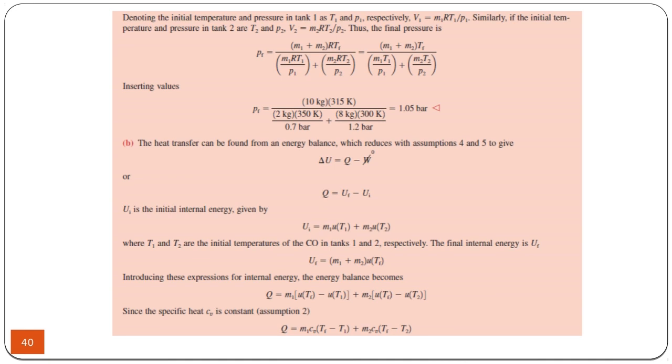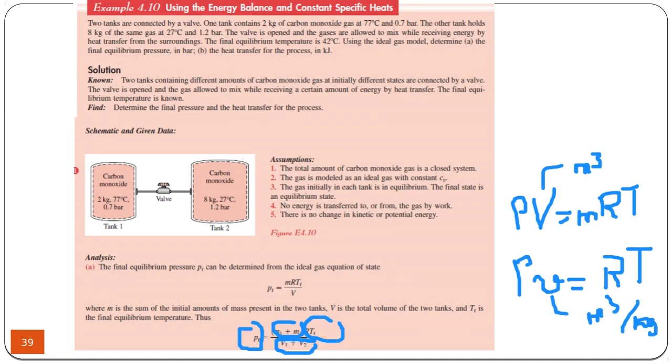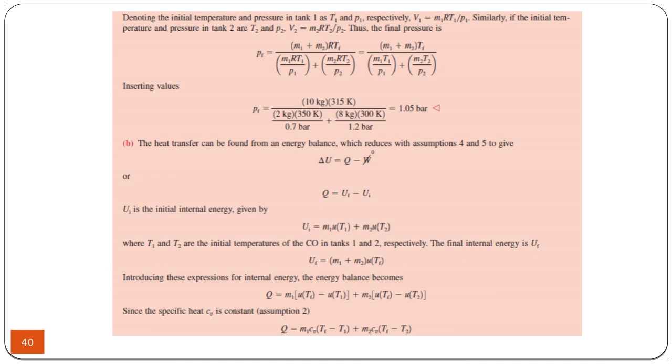We have the masses in the first tank, in the second tank. Also, here at the denominator we have volumes, so that volume can be written in terms of mass, temperature, and pressure. So this one is volume 1, this one is volume 2. And we can calculate the final pressure after the mixing to be 1.05 bar.